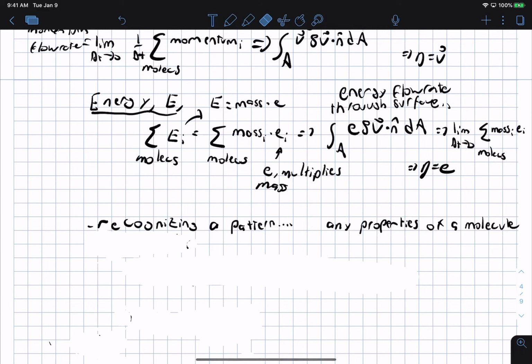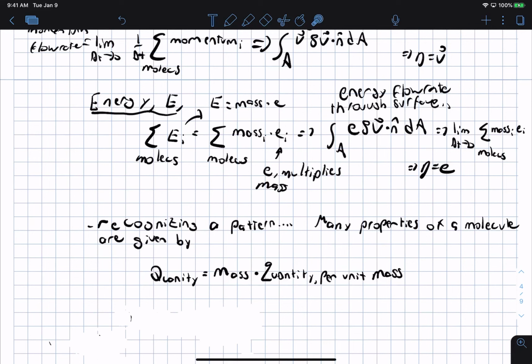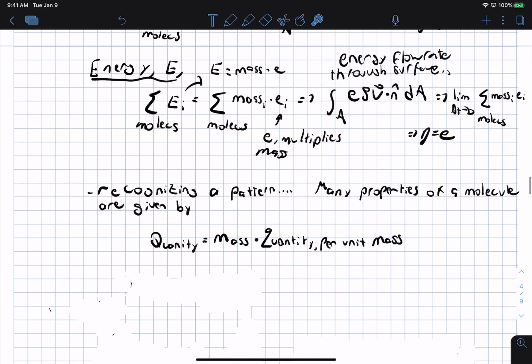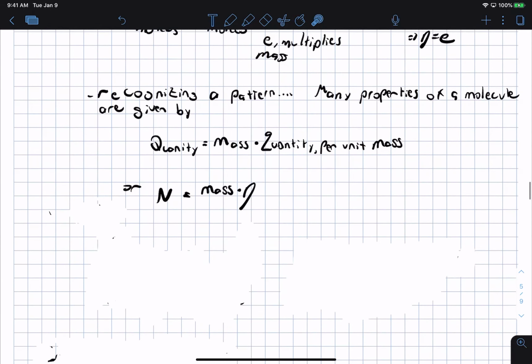And you could see that many properties of a molecule are given by mass times that quantity per unit mass of the molecule. Or the total amount of that quantity, I'm going to call that cap N, is just equal to mass times eta. And then we can make a little table for the things that we found thus far.